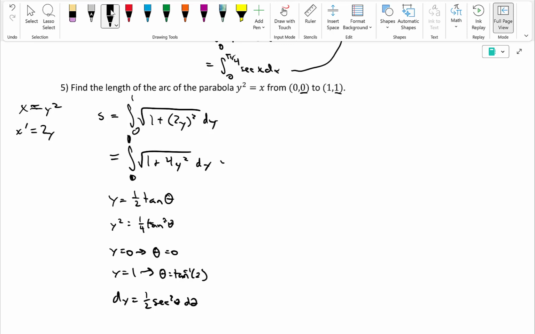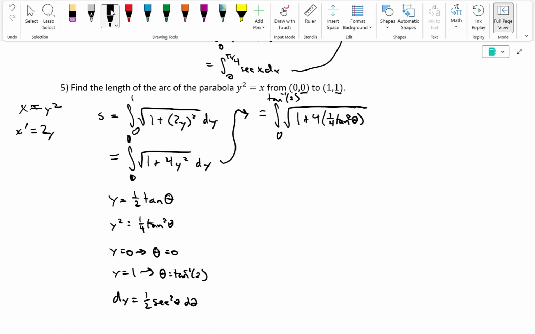All right, so filling in all our pieces there, we get our integral from 0 to tan inverse 2. Underneath our square root, we've got 1 plus 4 times 1/4 tan squared theta.